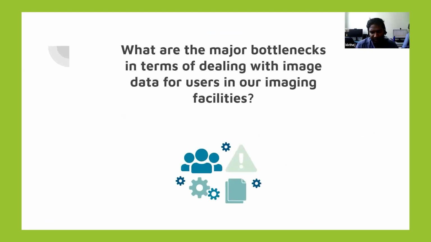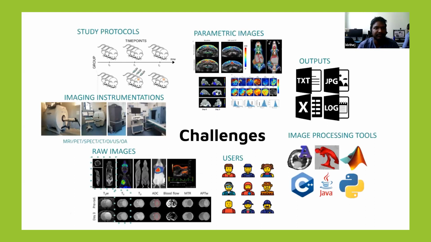So talking about the bottlenecks, what are the major problems in terms of dealing with imaging data for users in our imaging facility. If we think about an imaging facility that works on different imaging modalities like MRI, CT, all the data is coming from different types of instrumentation, we have different study protocols.